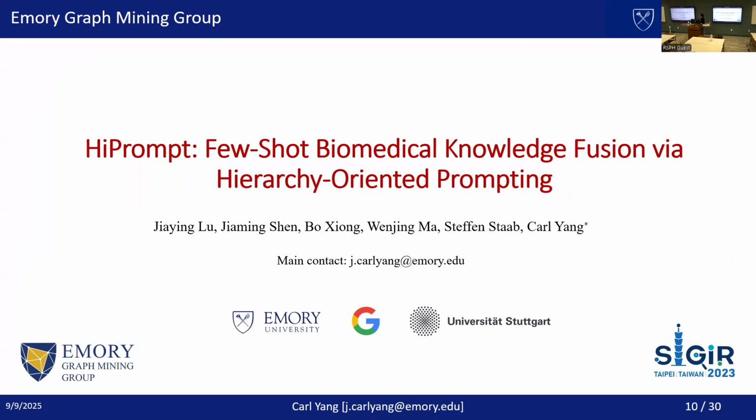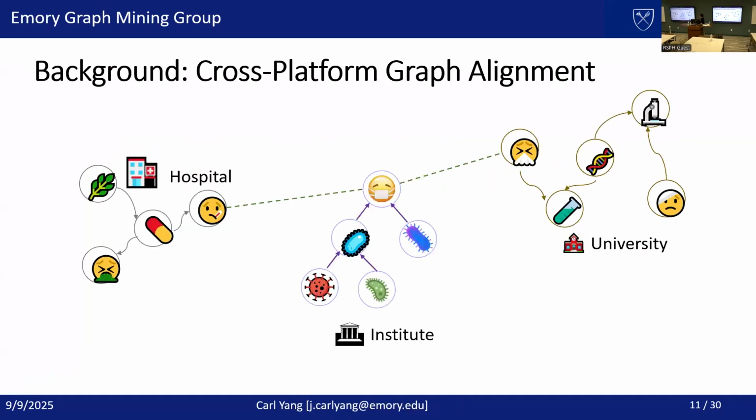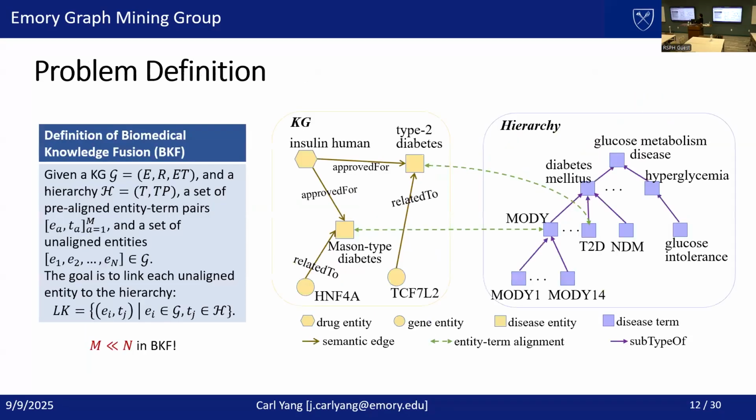That was the very first work we did to use large language models to align knowledge graphs from different sources. I'll go very briefly about it. Technically it's also pretty straightforward. The idea is you get knowledge graphs from different institutions. Usually we start from an existing ontology or hierarchical structure, right?